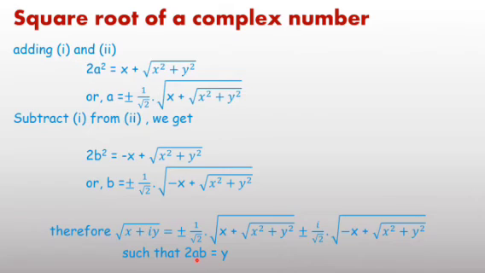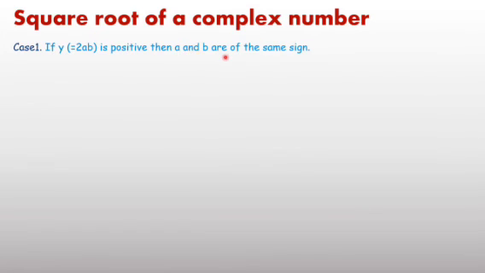Here the condition, you know, is that y is 2ab and x is under root x square plus y square. Now, case first: if y equal to 2ab is positive, then a and b have the same sign, meaning both are positive or both are negative.